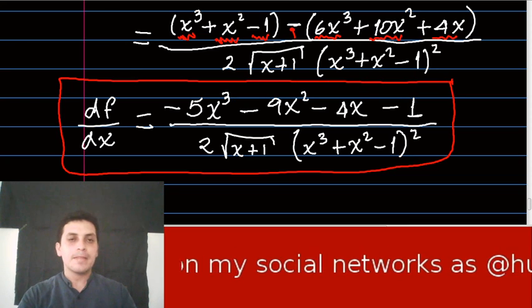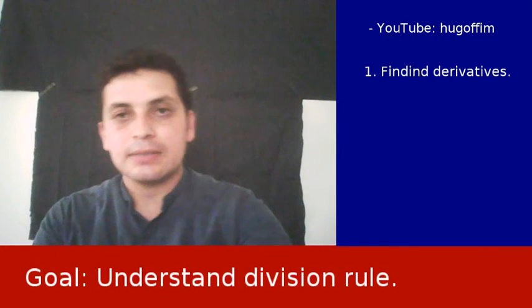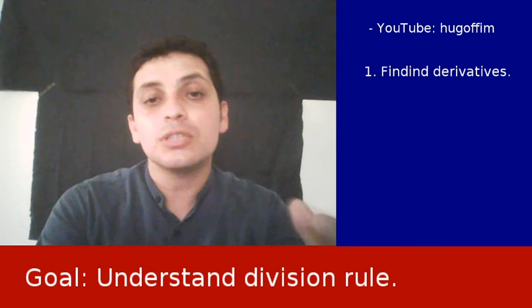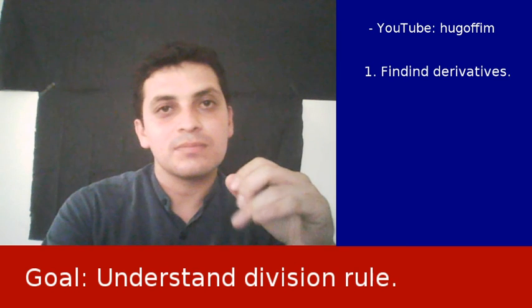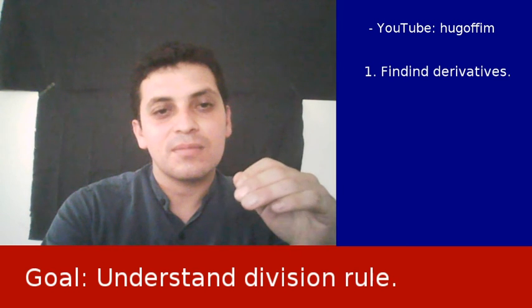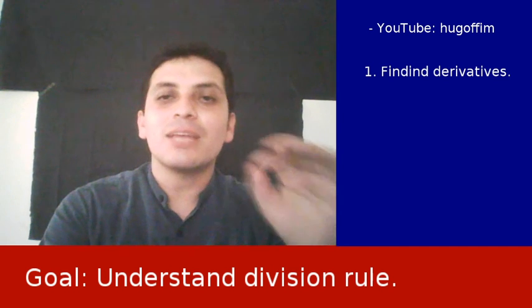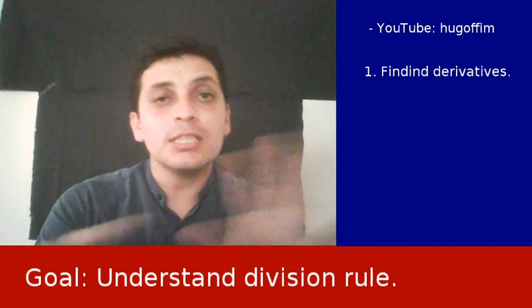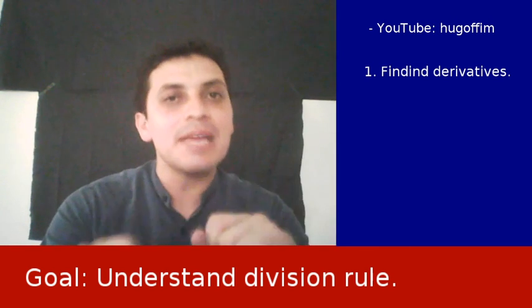Okay? But what did we do exactly to find the derivative of the function using the division rule? Essentially, what we did was to find two functions, related to any other derivatives, and define them as u and v.